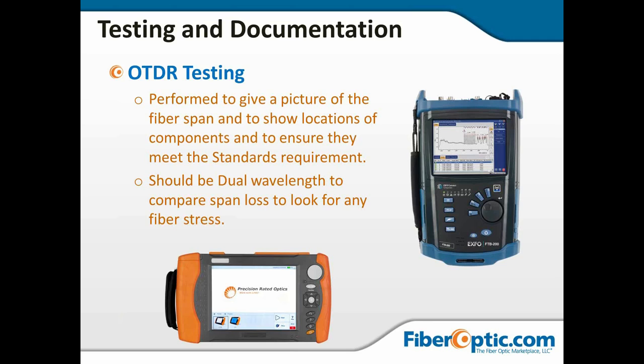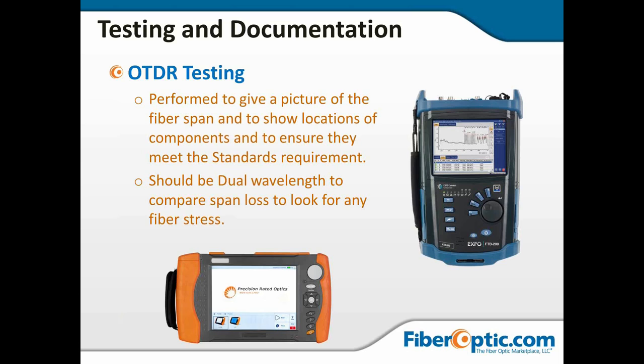So you can look at a calculated loss on an OTDR, and it will usually be fairly close to measured power with an optical loss test set. But it's not going to be totally as accurate for loss.